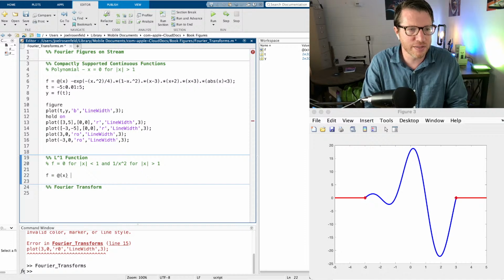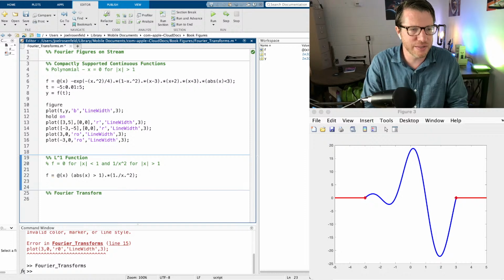We're going to have minus, so 0 is going to take care of itself. So we just need to make sure we turn on when we're outside of this. So we're going to have absolute value of x greater than 1 times, let's see, just 1 over x squared should be good enough. Point divide, because we want to just do all this stuff for each entry in a vector.